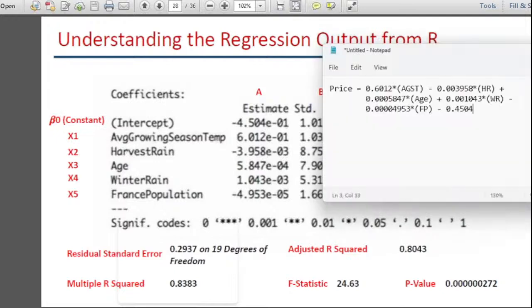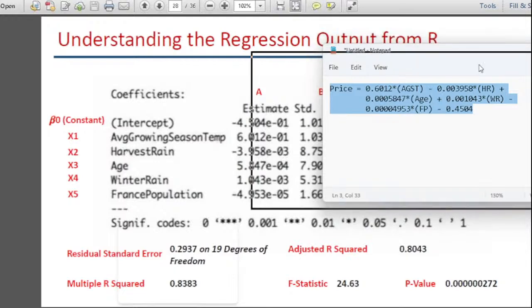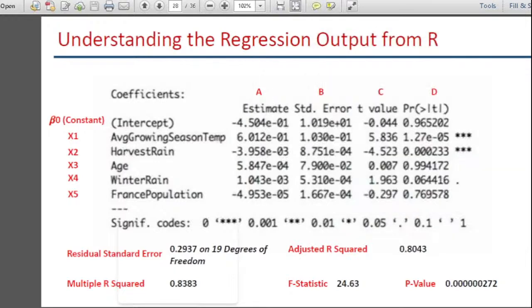Okay. Yes, I can share this equation, but you don't need to write it. You just have to know it. You can take it, not an issue. So this estimate column gives you the constant, which is the intercept, and the coefficients of the variables. Clear? First part is clear?